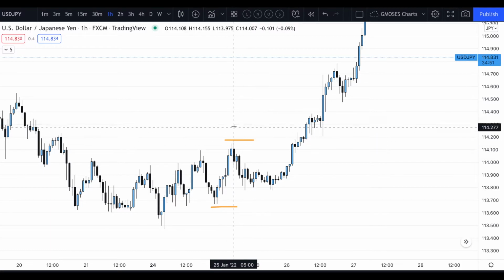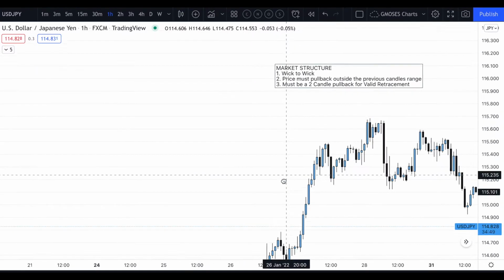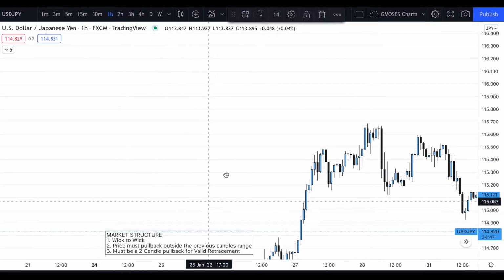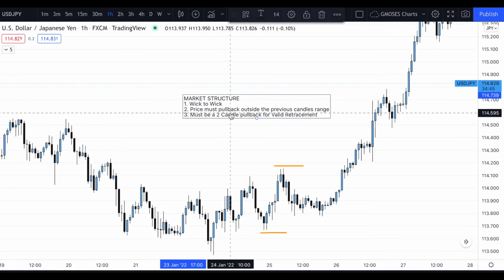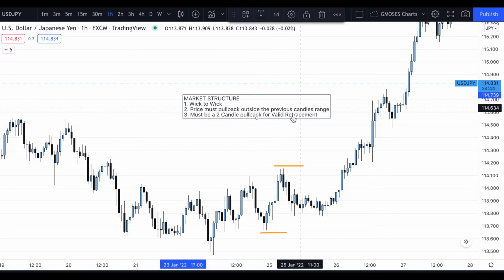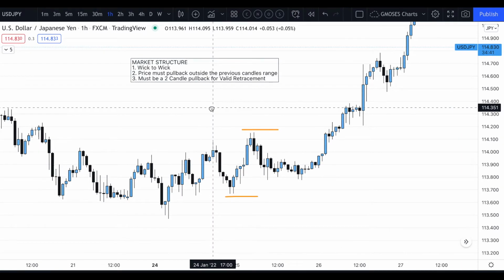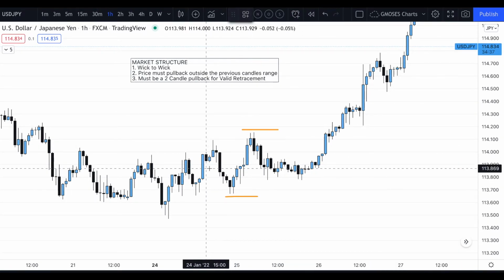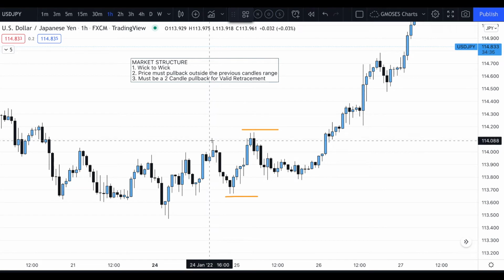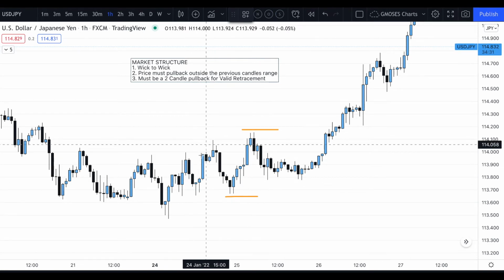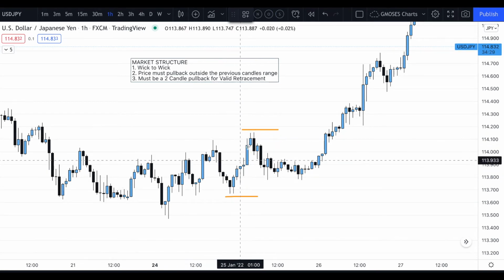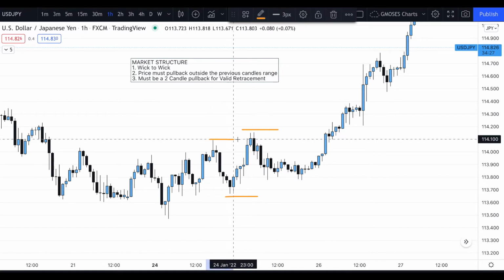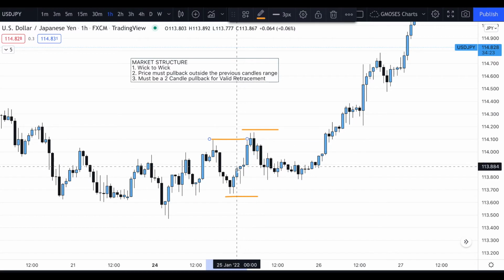Now the second point says price must pull back outside of the previous candle's range. When looking at the previous candle's range, we can see that this was the last higher high from this leg of structure here. And as you can see, price pulled outside of this previous candle's range.